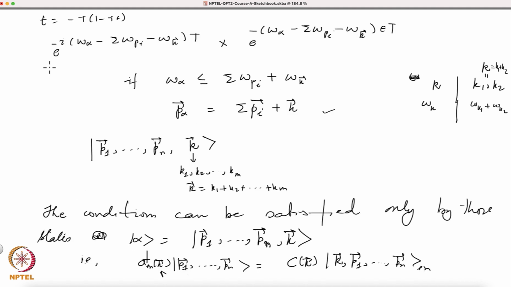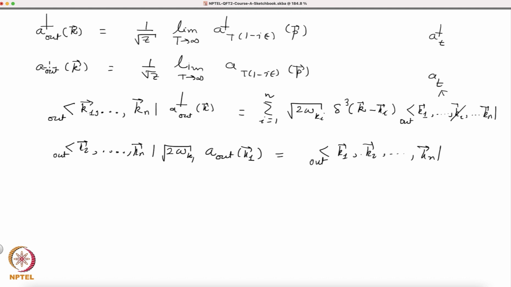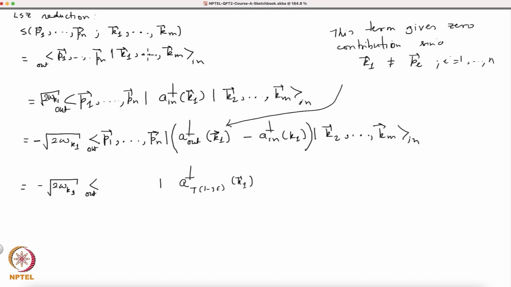Okay, so somewhere, just like these ones have 1 over root z, you had 1 over root z for a_in also.